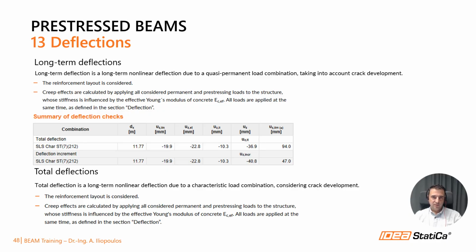In the middle of the slide, you can see the summary of deflection checks. All four values are tabulated there, and you can compare them with the limit value in the utmost right column.